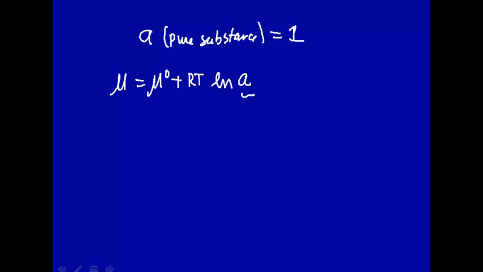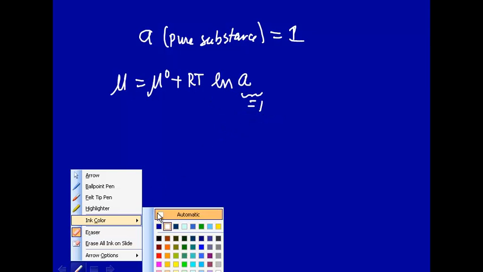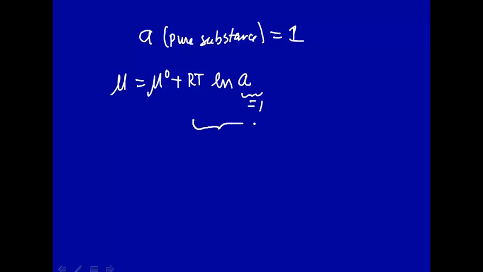If the activity is 1, then the logarithm of 1 is equal to 0, so mu is just equal to mu 0. So the chemical potential will be the chemical potential of the standard state, which is the pure substance. So it makes sense to define the activity equal to 1 for a pure substance.